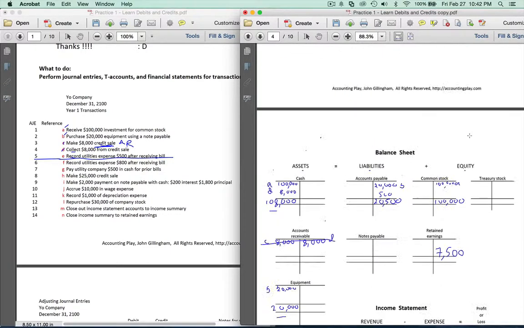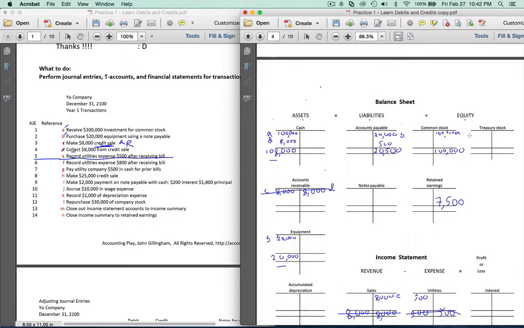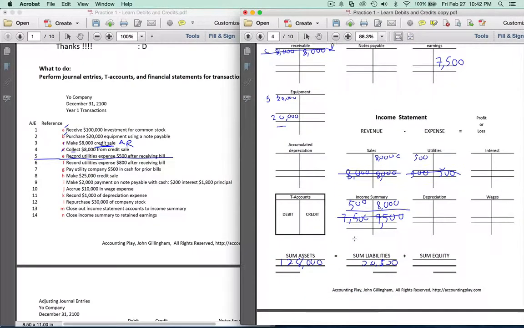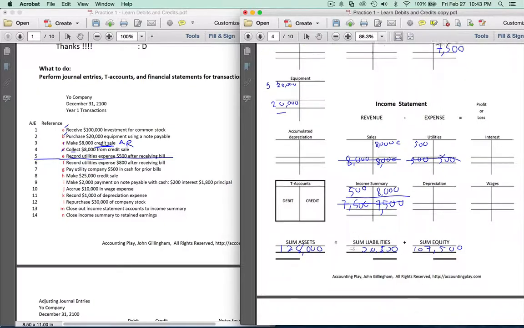So sum of equity is going to be the 100 plus the retained earnings. So that's 107,500. And I think that's going to add up to 128,000. Great.